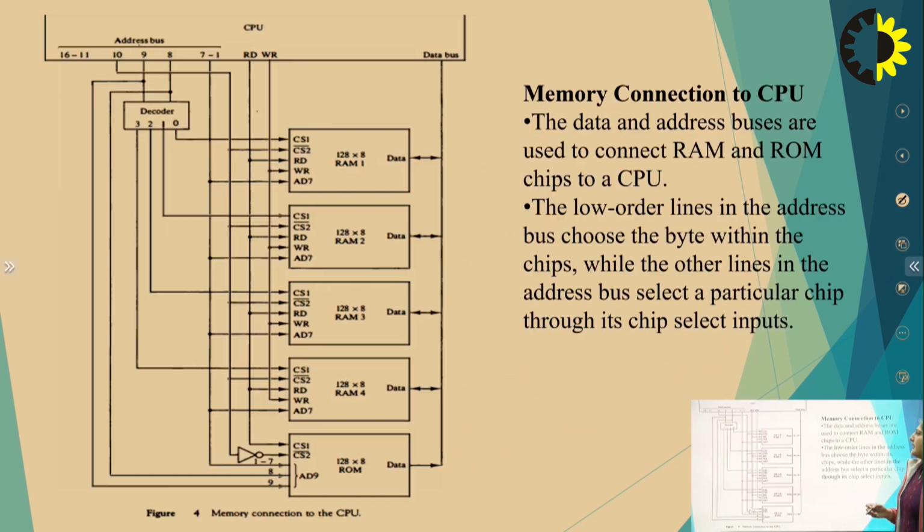So this is how we calculate these hexadecimal addresses. Now let's see the memory connection of these 4 RAMs and 1 ROM chip, and how we make the memory connection to the CPU.